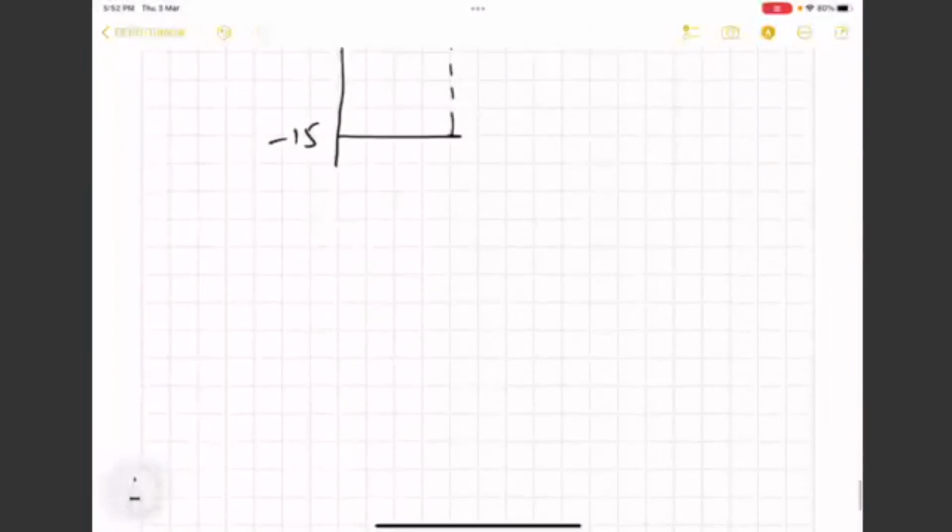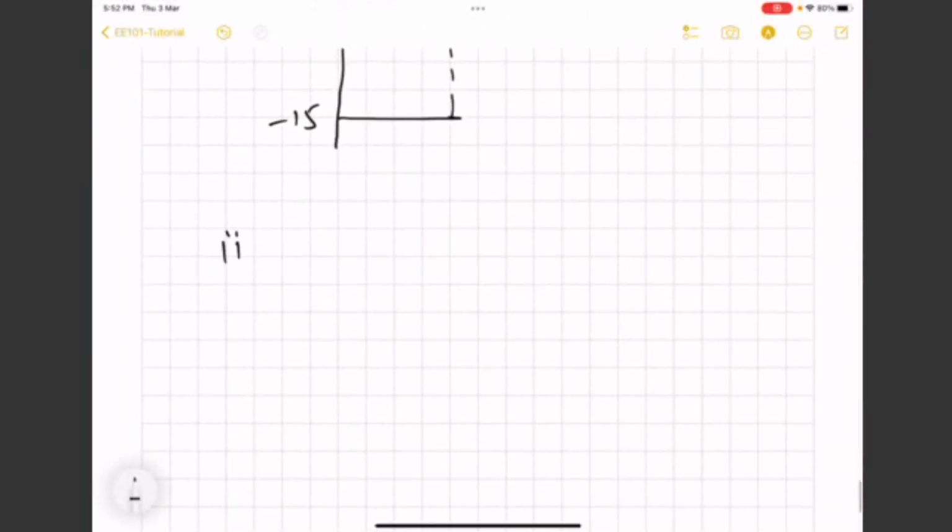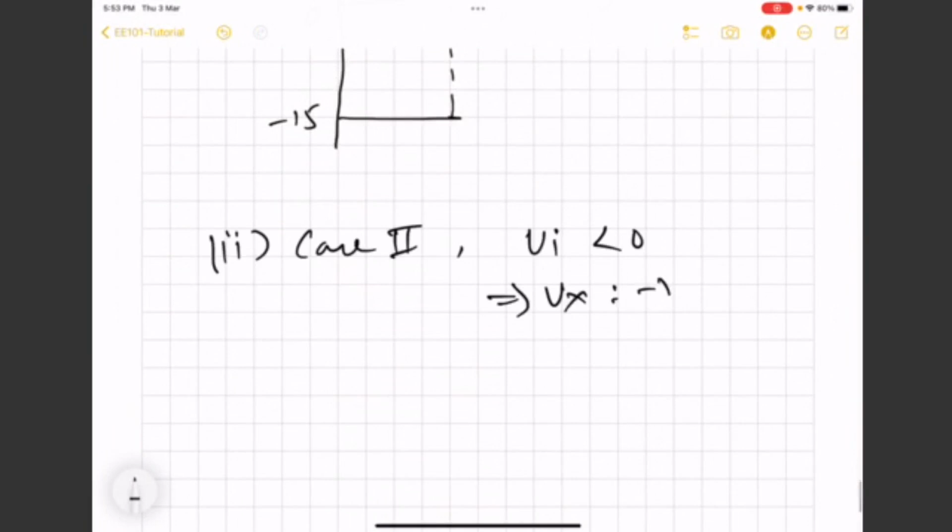So here, let us plot case 2. Vi is negative, implies that Vx is negative, and growing in negative direction or magnitude, but negative sign with Vi.